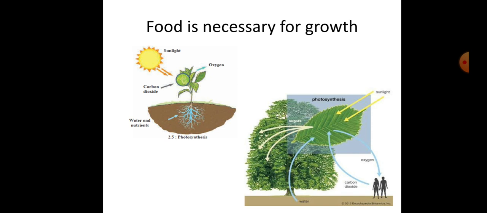In this way, leaves prepare the food by taking sunlight from the sun, chlorophyll from itself, carbon dioxide from the atmosphere, and water and nutrients from the soil. This complete process of absorbing and converting it into chemical energy is called photosynthesis. Okay, so in this way, green plants prepare their food.